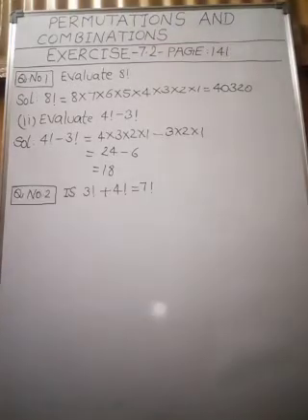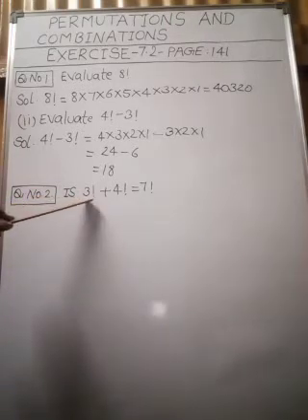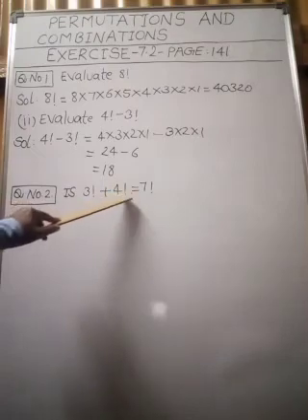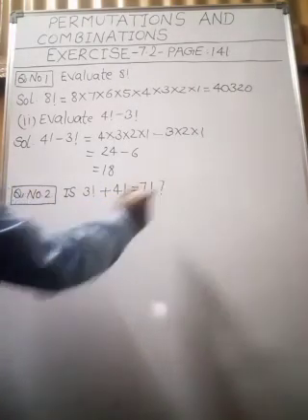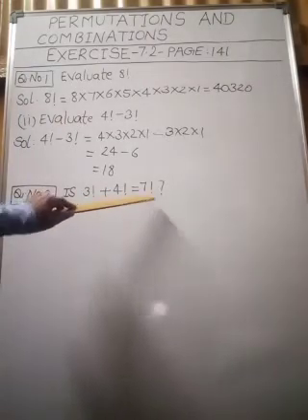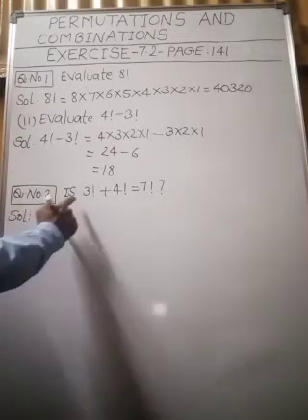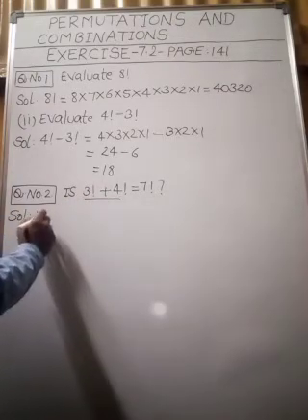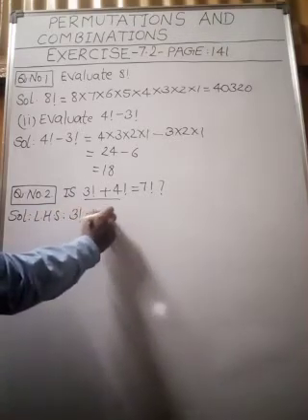Right. Now come to the next question. Is 3 factorial plus 4 factorial equal to 7 factorial? We have to check whether this value is equal to this value or not. Come to the LHS, which is 3 factorial plus 4 factorial.